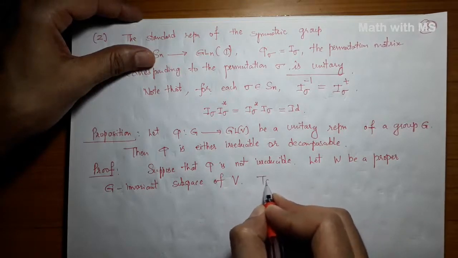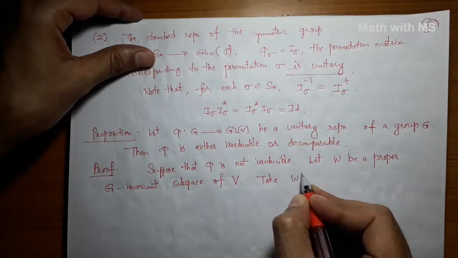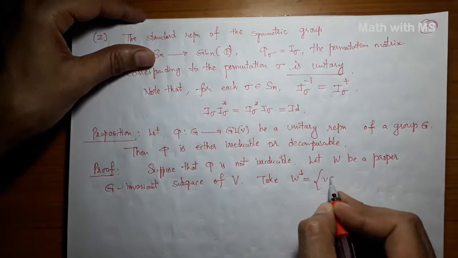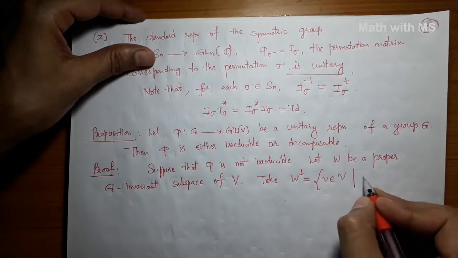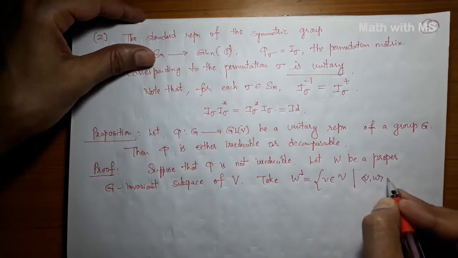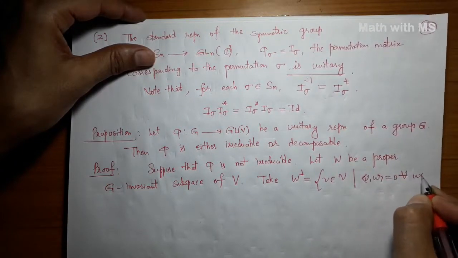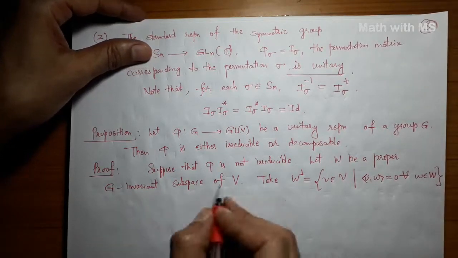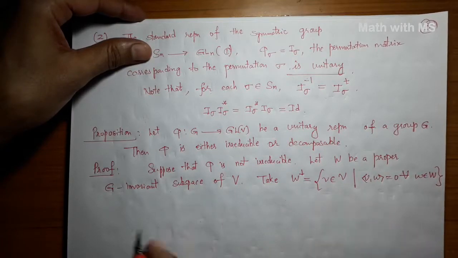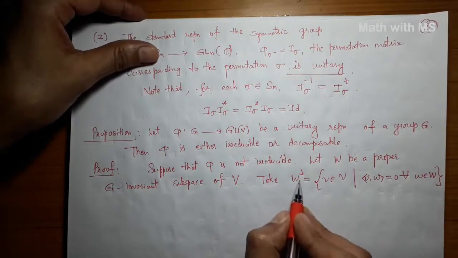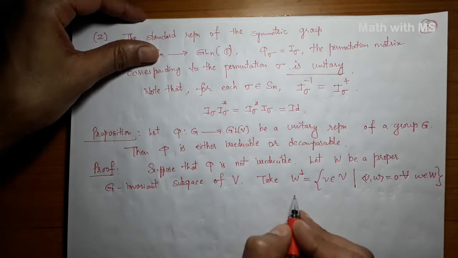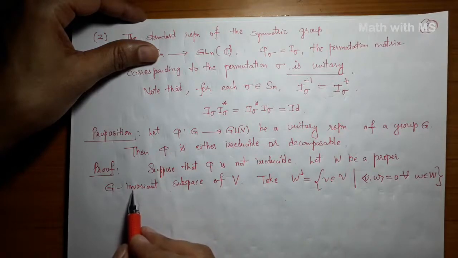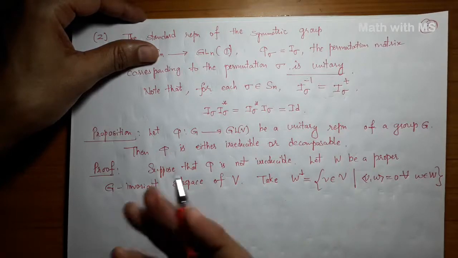So take W perp to be the orthogonal complement of W in V. That is, all those vectors v in the vector space V such that the inner product of v and w is 0 for all w in W. So my claim is that W perp is also a proper G invariant subspace. All right. So see, because W is a proper G invariant subspace, W is non-zero and W is not full. So there is something in the complement.